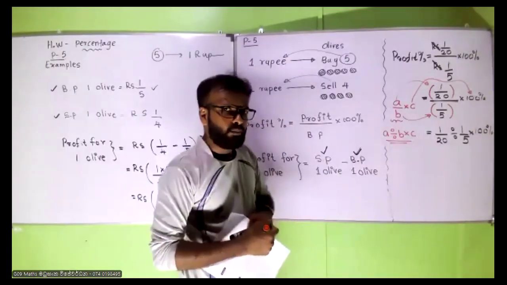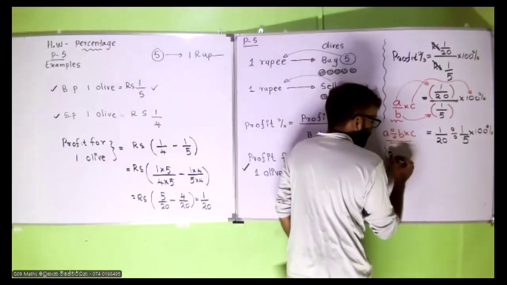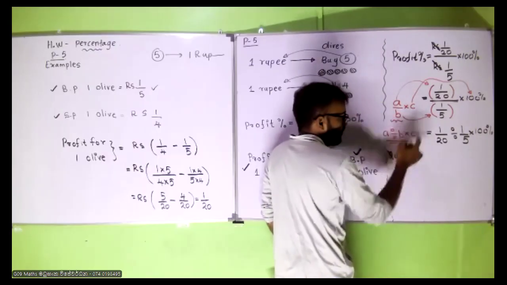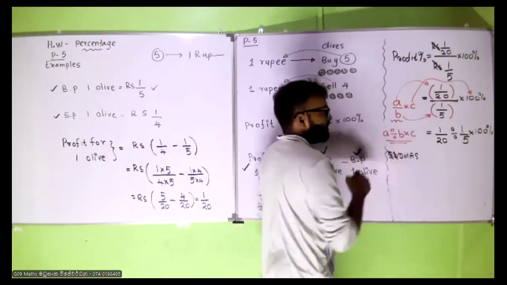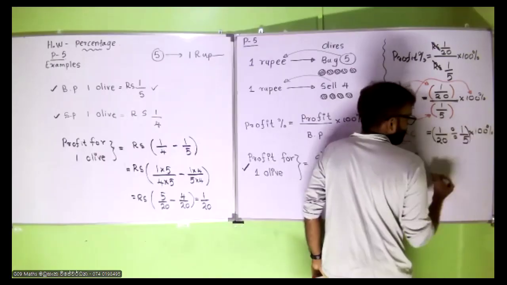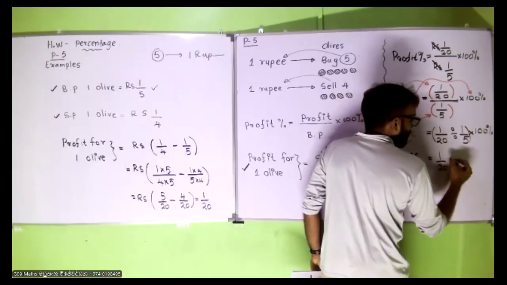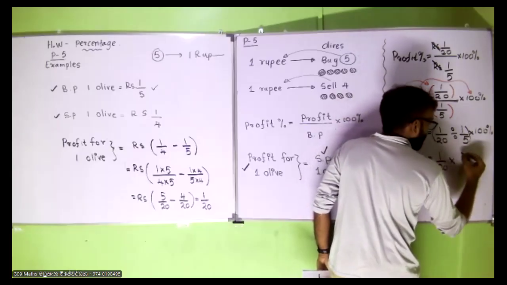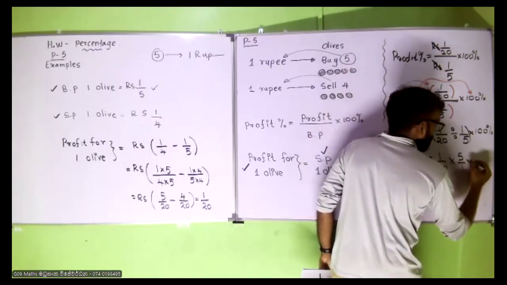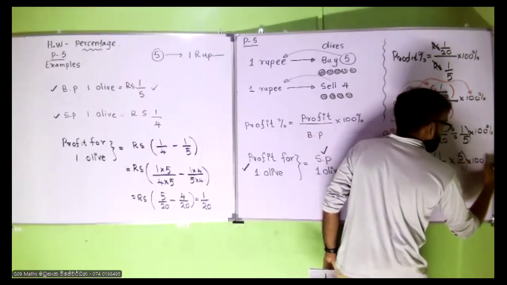So you know how to apply BODMAS, right? In BODMAS, you do not have any brackets, you do not have any of, you have divisions. So first of all you are going to do the division part. Right? Then 1 upon 20. Division can be converted into a multiplication, so you need to get the reciprocal of this 1 upon 5, and then simplify this further and keep 100% like this.